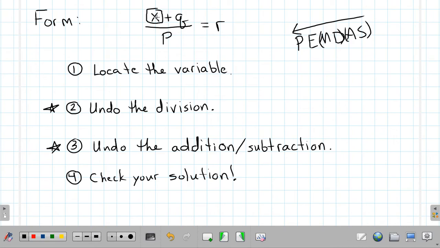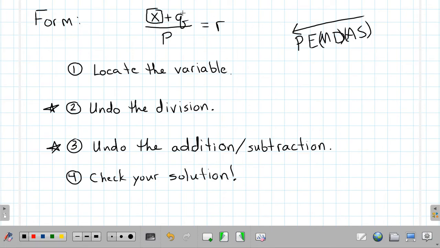But if we have x plus q first, then we divide by p, that means first thing we have to do is undo the division, meaning we have to multiply both sides by p first, then we can subtract q. So you can kind of think that the middle two steps here kind of reverse in this case. But why that is because of order of operations.